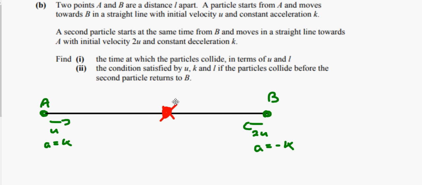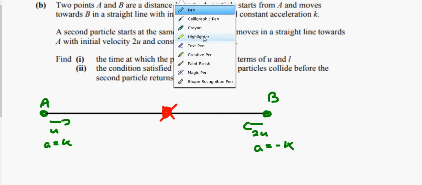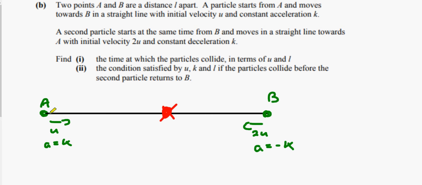Don't know. Now, what do I definitely know? Can anybody tell me what the blue line represents? The distance travelled by A before you collide. Is that alright? And what about this one here?